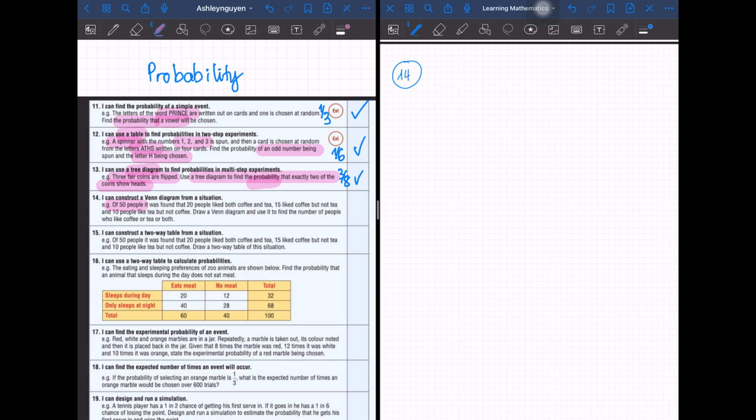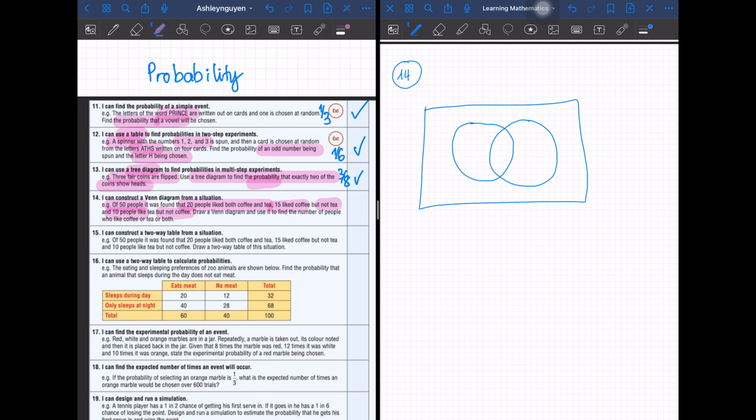Of 50 people, it was found that 20 people like both tea and coffee, 15 like coffee but not tea, and 10 people like tea but not coffee. Draw a diagram. Alright, firstly, the diagram includes 2 overlapping circles and 1 rectangle. A lot of my students prefer to draw 2 circles and put another circle for the people who don't like either coffee or tea.